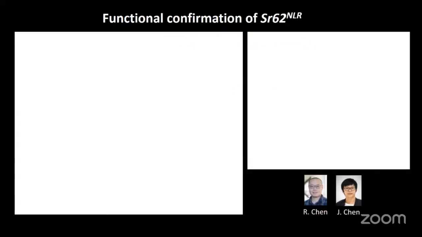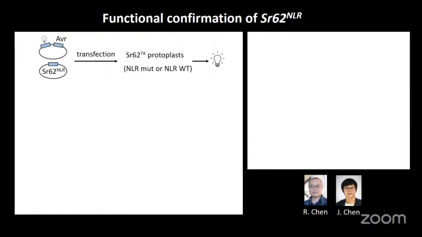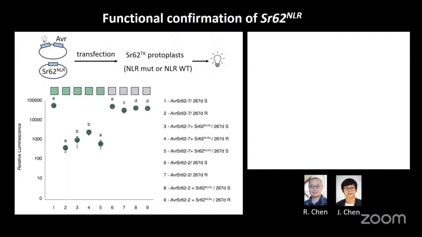The next step was to functionally validate the NLR and its requirement in this system. We used the protoplast system, and we were able to take mutant backgrounds that had a mutation in the NLR and deliver to these mutant backgrounds the NLR and the effector.